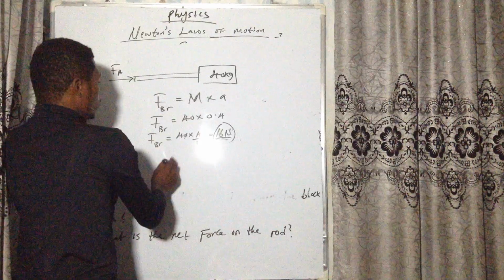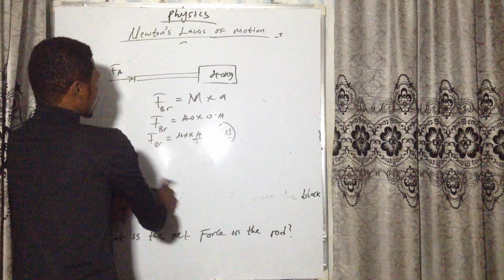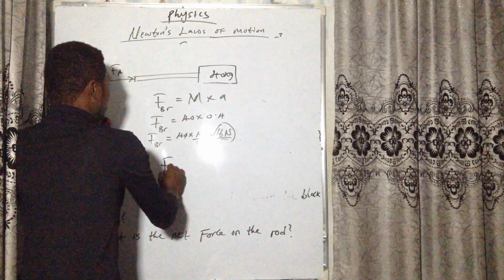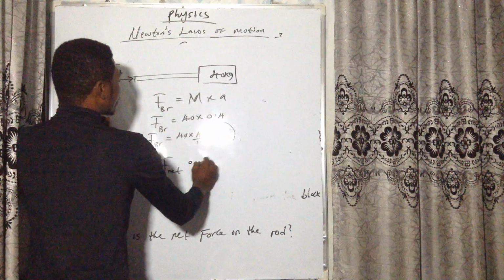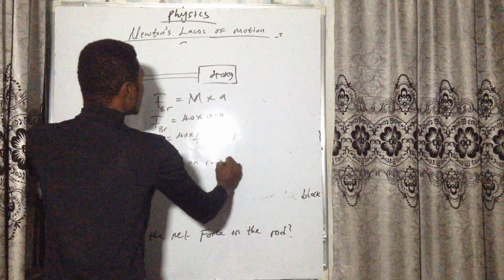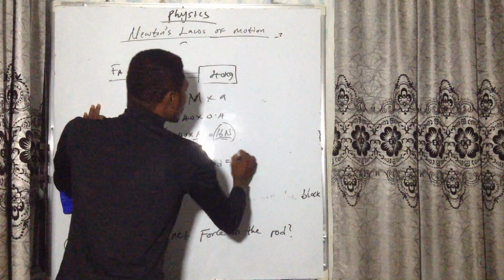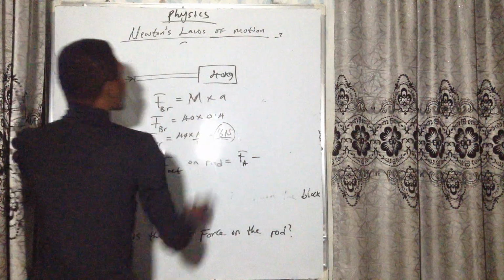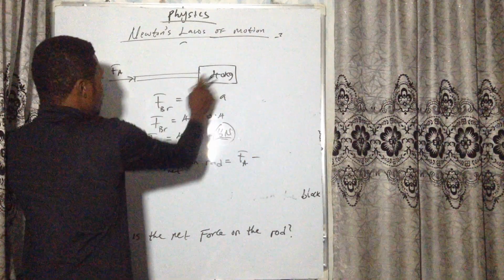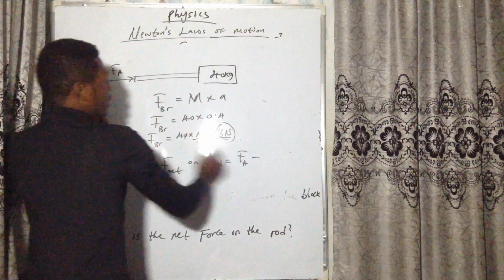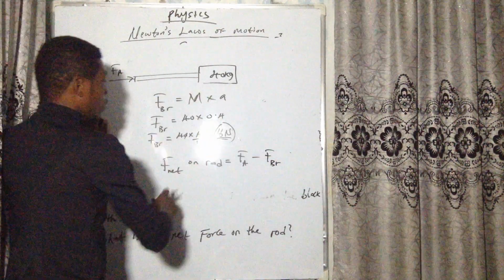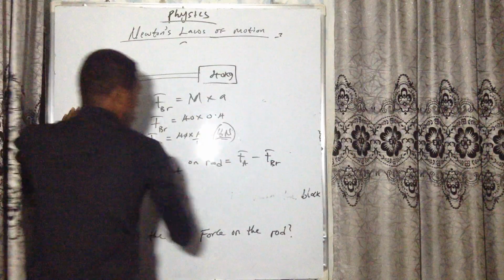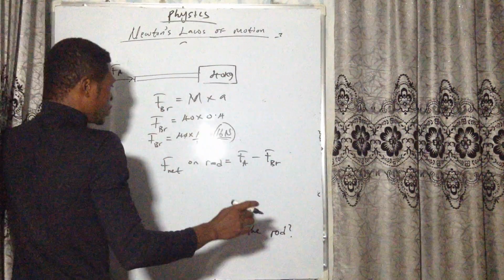So the net force on the rod becomes, F net on the rod is equal to what? The applied force FA minus this force I just calculated, FBR. Look at it here.